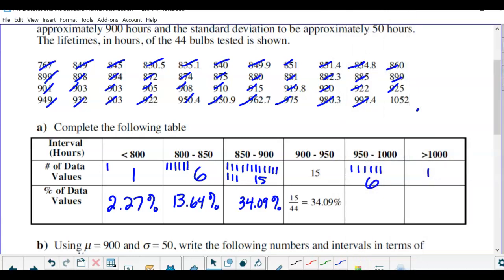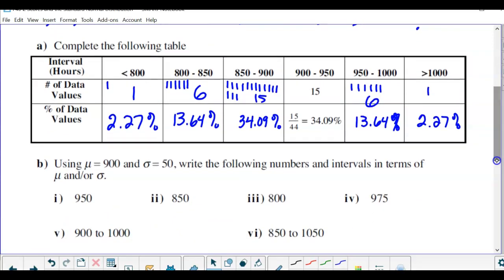So 6 is 13.64, and 2.27. In the middle, it's very symmetrical, right? The two middle intervals are the same. These are the same. These are the same, as you see out there.